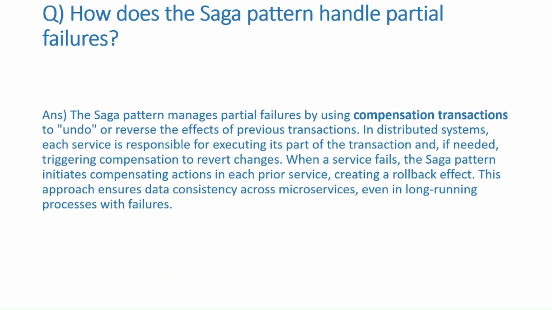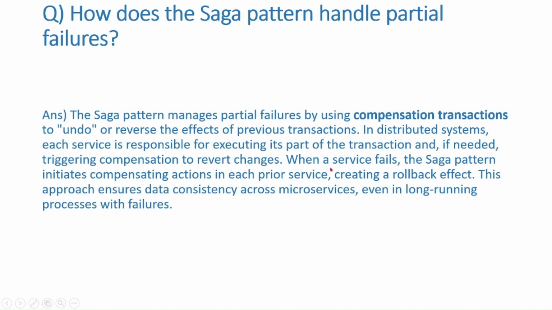Next question is, how does the Saga pattern handle partial failure? The Saga pattern manages partial failure by using compensation transactions. You should remember this term, compensation transaction, to undo or reverse the effects of previous transactions. In a distributed system, each service is responsible for executing its part of the transaction and, if needed, triggering compensation to revert changes.